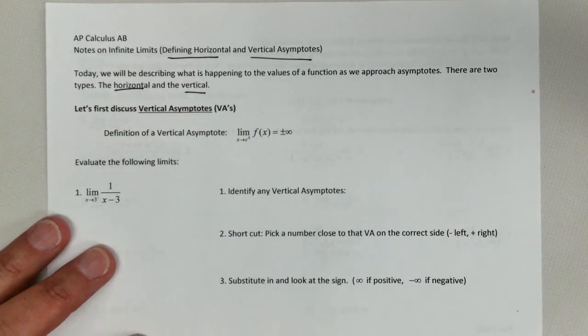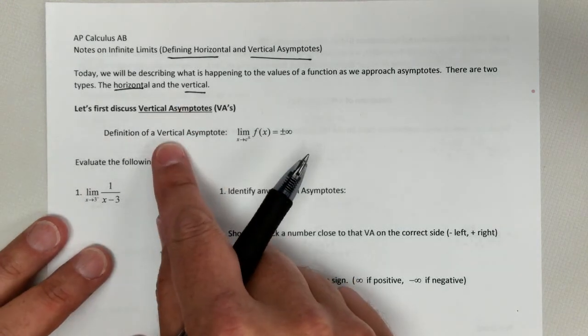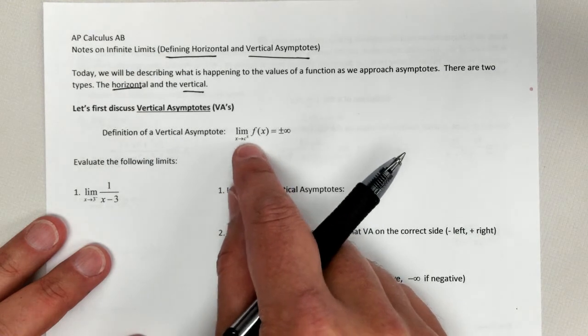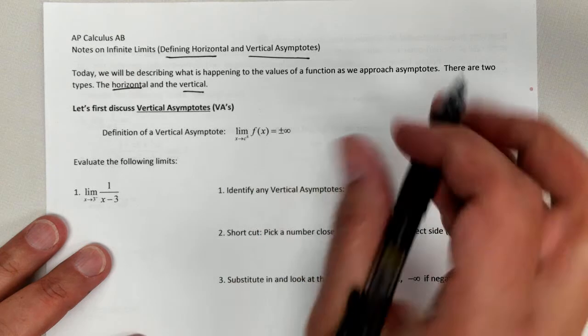So first, let's discuss what a vertical asymptote is. We define a vertical asymptote as we head towards some c value, and if the function approaches infinity.